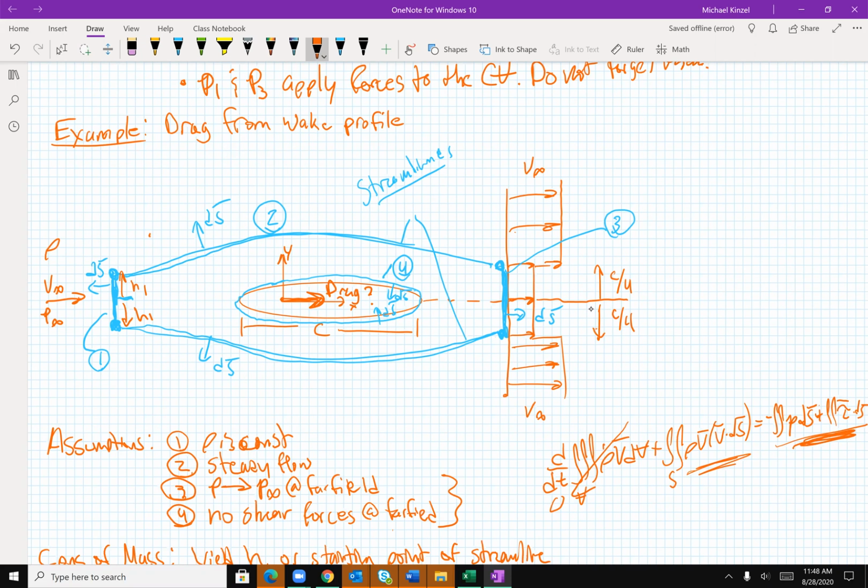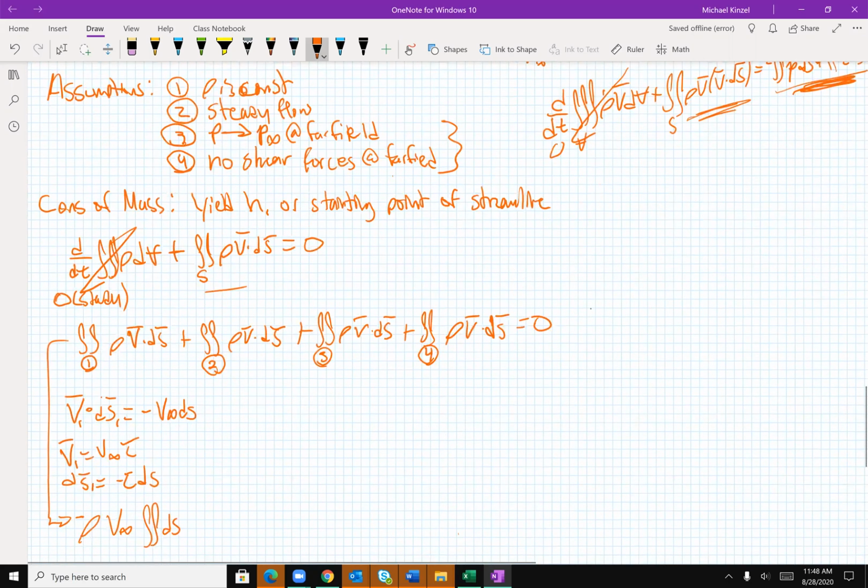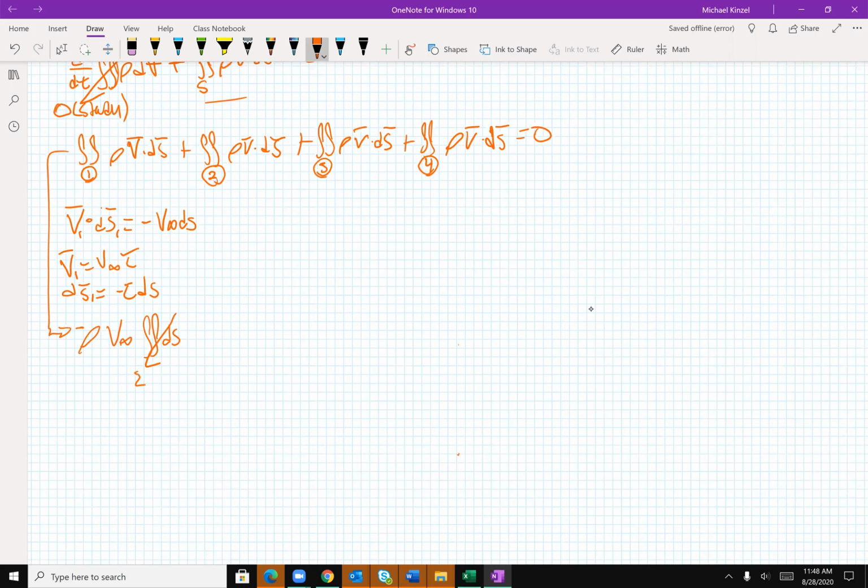Just one more note: L is the thickness into the page. So 2H1 times L is our area. So this is our integral 1.